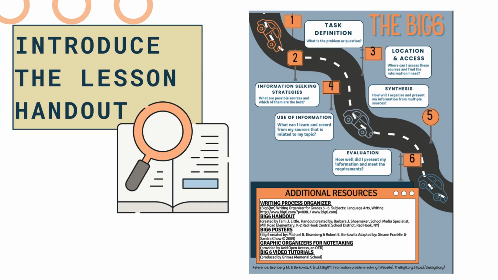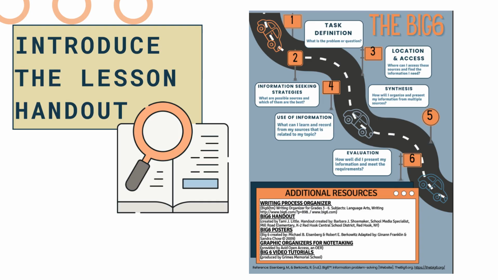So there is a writing process organizer that will help you write notes as you go through this process. There's the Big 6 handout that outlines each of the steps in a little more detail. Big 6 poster with visuals and steps together if you are more of a visual person. I've also included some graphic organizers that might be good for note taking.